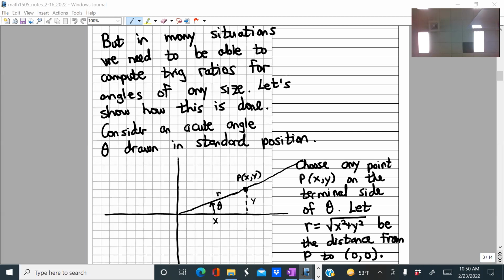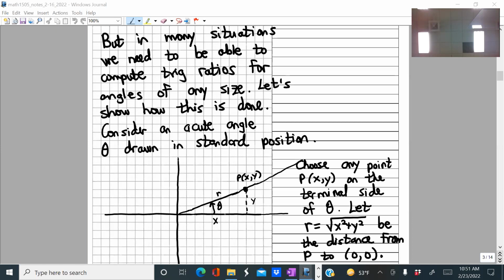Now, notice with that picture, it's very easy to compute all of your trig ratios. What's the sine of theta going to be? The sine of theta is y over r, or y over the square root of x squared plus y squared if you want to write down the formula for r.